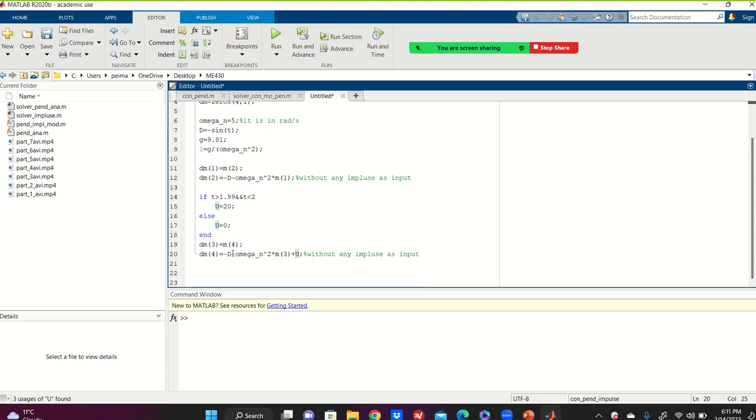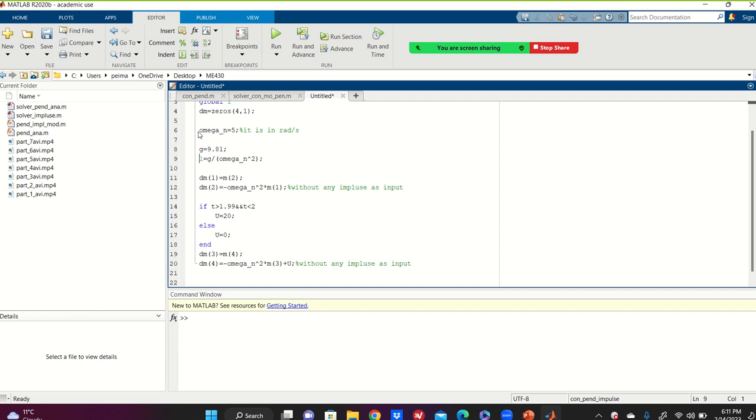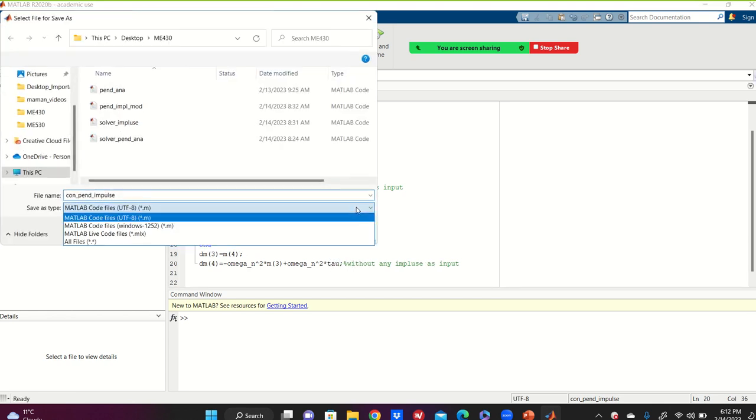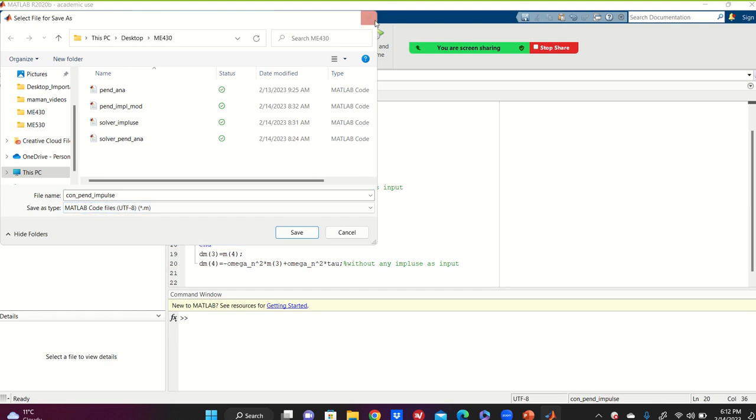But I don't want to have disturbance. This is omega n. Let me double check. I have to multiply by omega n square here, because this is what we derived. Look at here, omega n square tau. Let me name it tau to be consistent with what I taught.